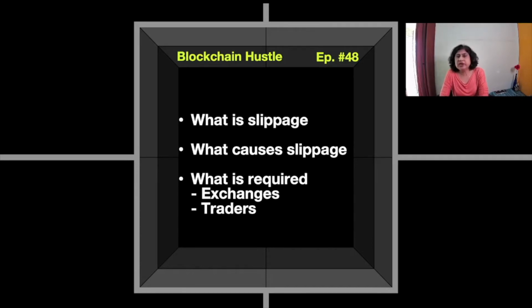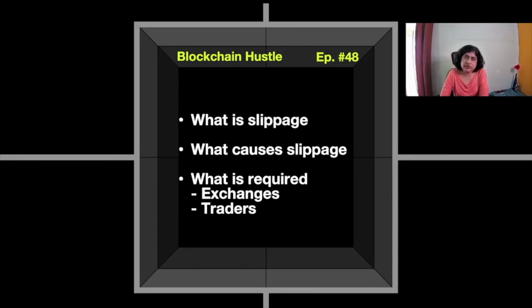Now, slippage is quite common in crypto. Why is it? The first reason one would cite is that crypto trading is highly volatile, and to add to that, there is a large speculative element.